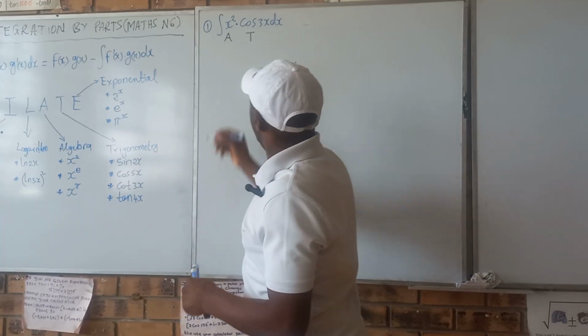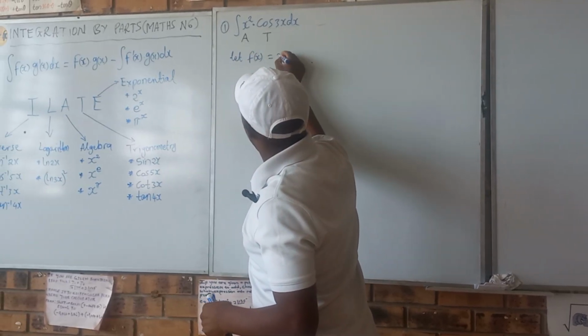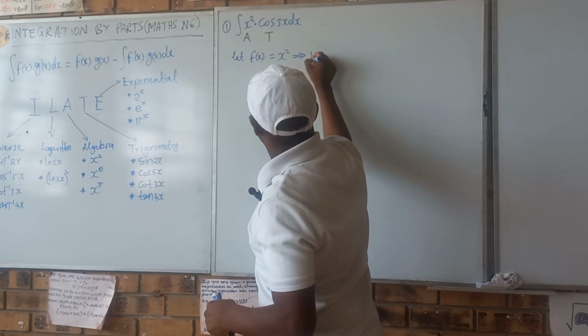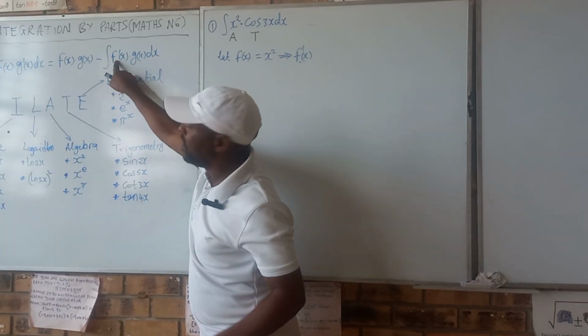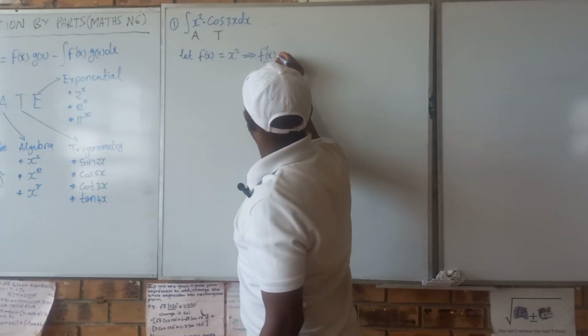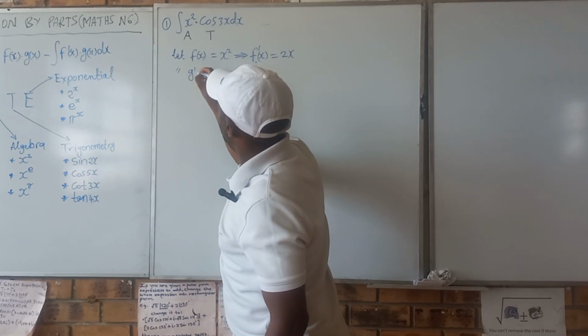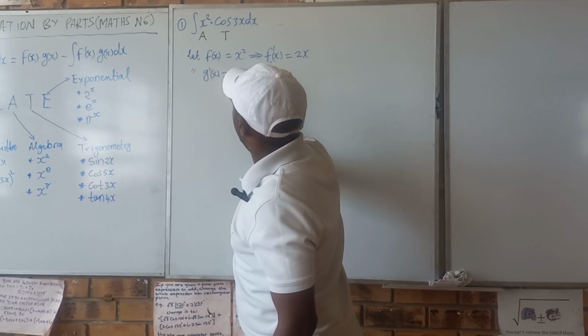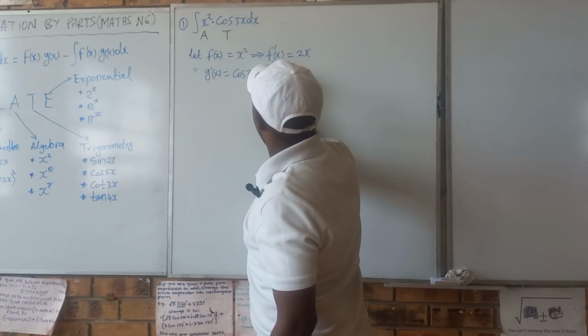So in that case, I will say let f of x be equal to x squared, and I should immediately calculate its derivative, since on the other side of the formula I need f prime. So the derivative of x squared is 2x, and I'll also say let g prime be equal to cos 3x. Then I will need to integrate.